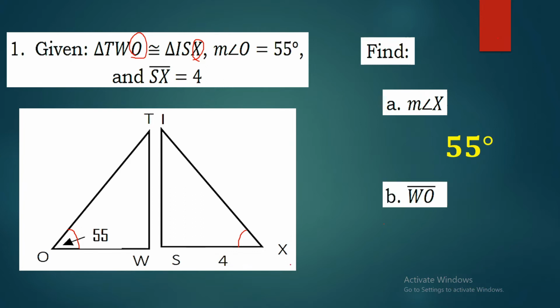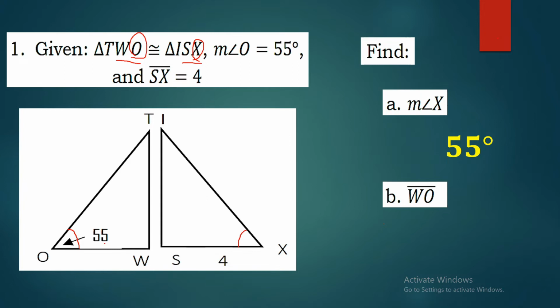Next, we have to find for the measurement of segment WO. But before that, we have to identify first the side that corresponds to side WO. So this is WO. That means it corresponds to segment SX.